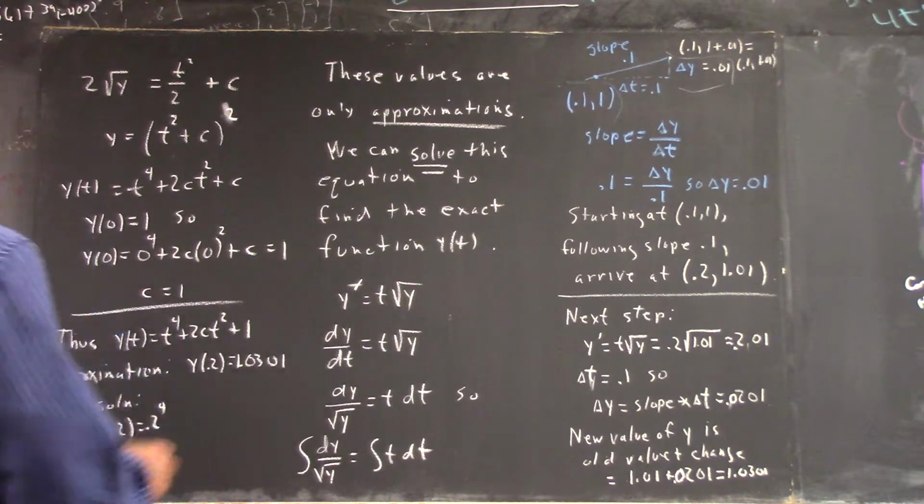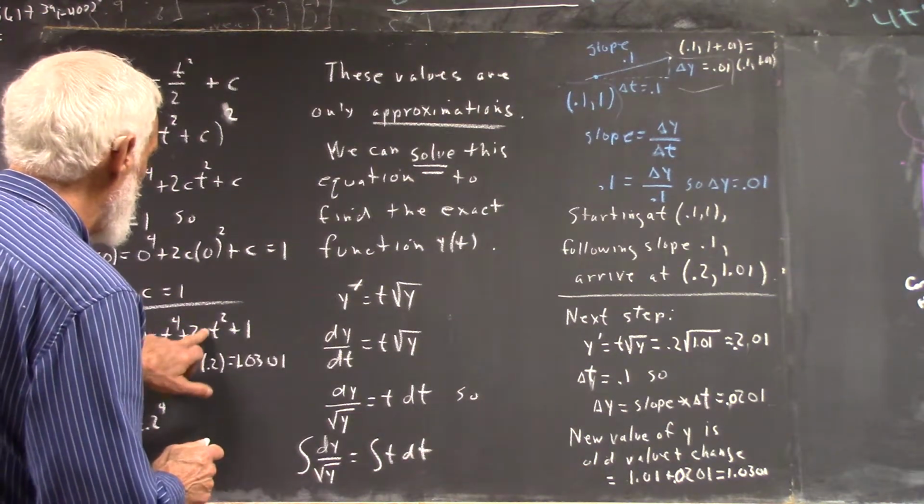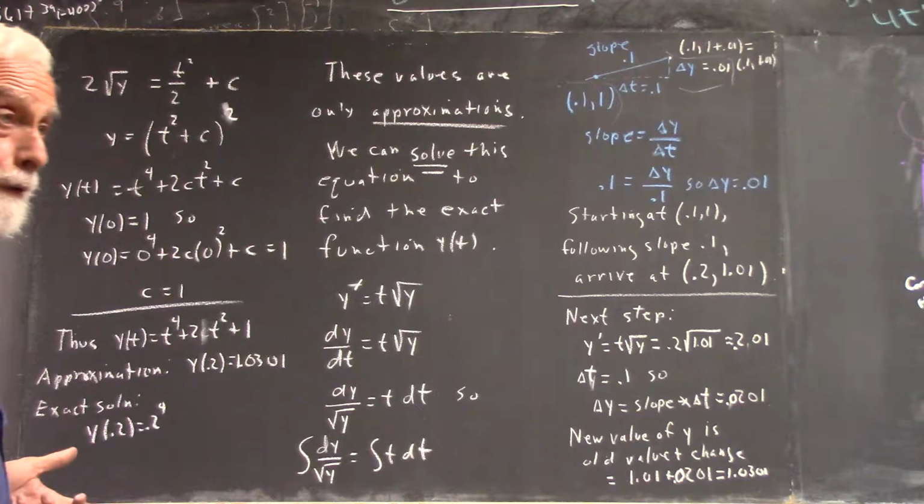Well, y of 2 is 0.2 to the 4th, and it's not 2c, c was 1, right? So that's just 0.2 t squared, right?